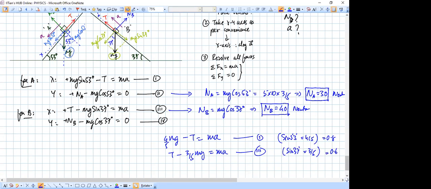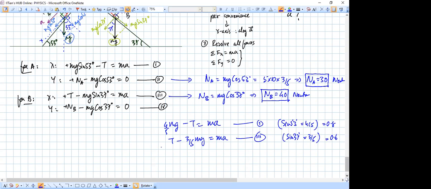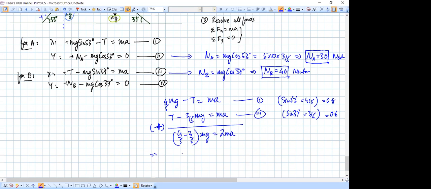That's also useful. Now you just add the two equations, so you get rid of your tension, and directly you will get 4 by 5 minus 3 by 5 mg. On the other side is 2ma. So we'll get our acceleration as g by 10.